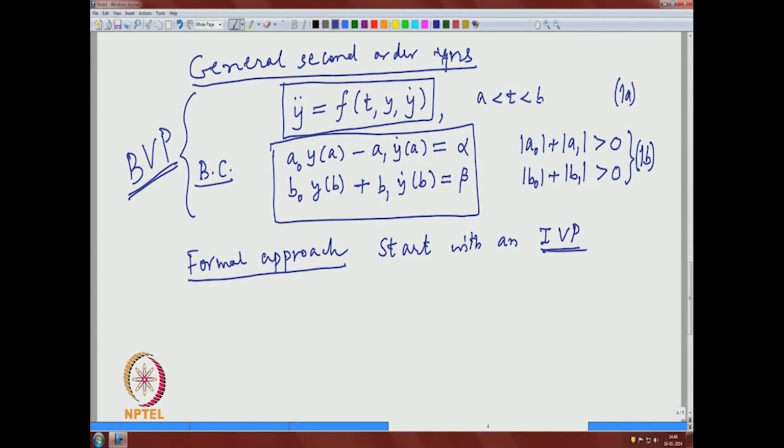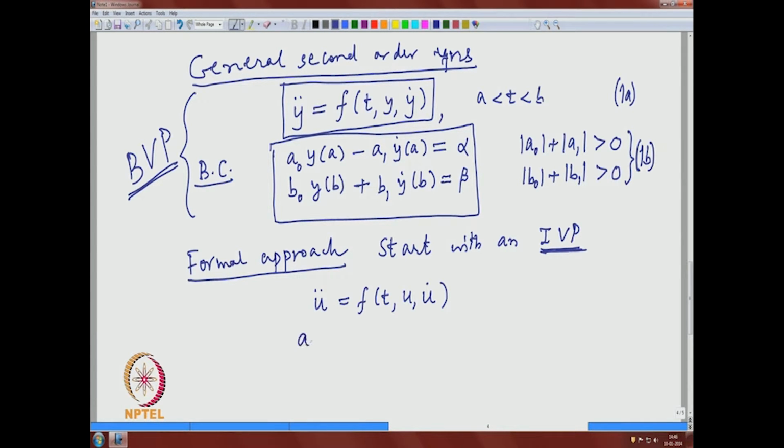Now I use a different unknown function: u double dot equal to f of t, u, u dot. Okay. So, this is a second order equation, and now I impose conditions only at a. I will not bring in b, because we are studying just an initial value problem. So, at one point we give the data. Okay. What is that data?